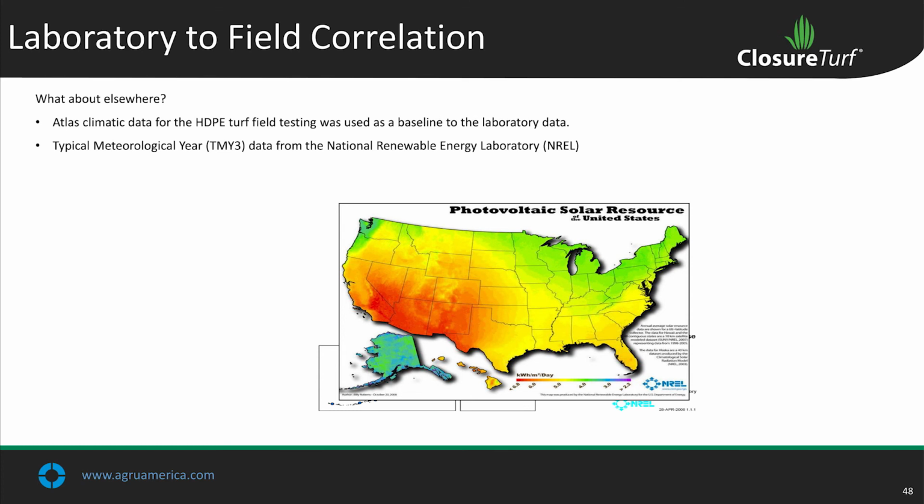So comparing that to the Atlas climatic data for that test period that the turf was out there at their facility, and using the baseline laboratory data, we can make some predictions all across the country of what's going to happen with ClosureTurf based on these recorded data stations that was used to produce this map that you saw before.